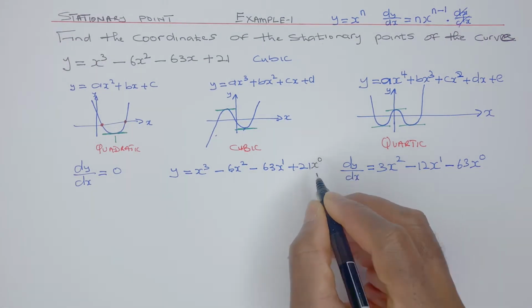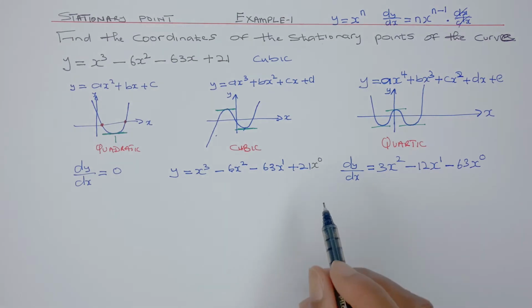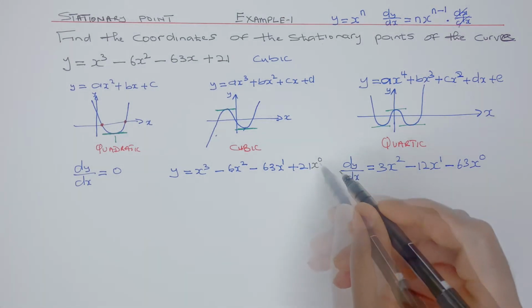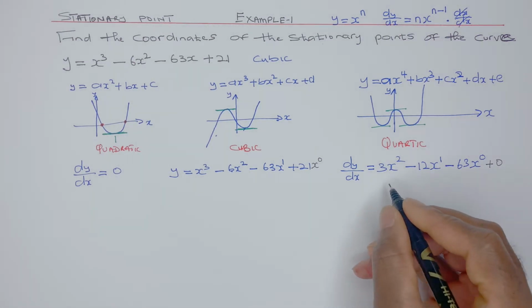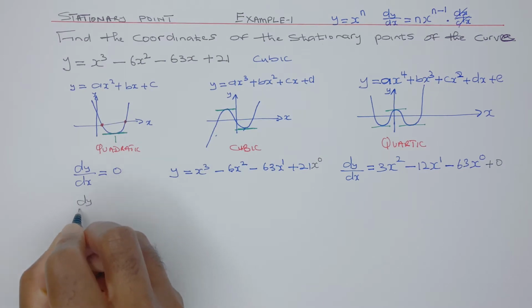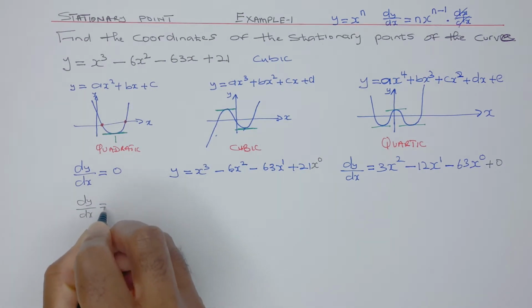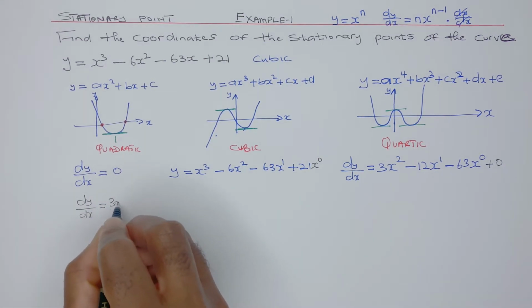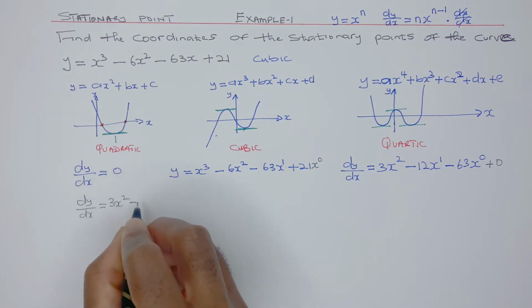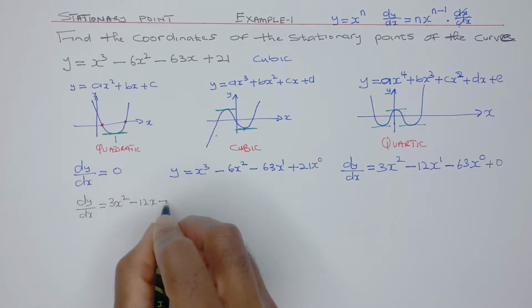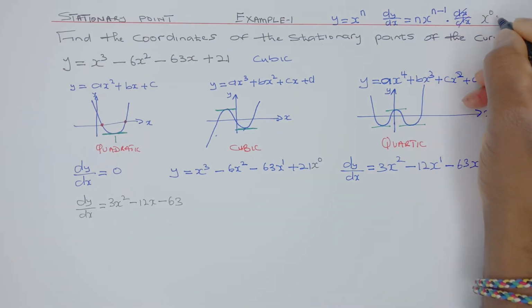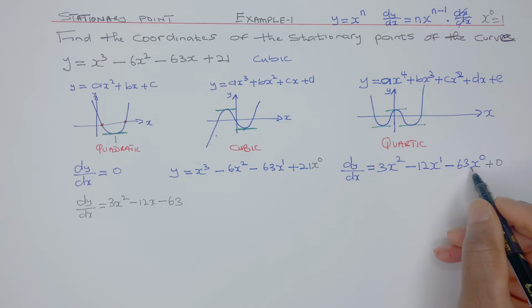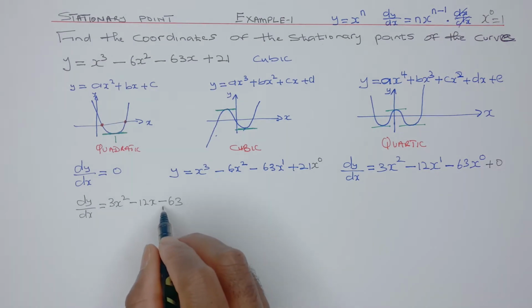It's x to the power of 0. Every constant has its own variable with a power of 0. 0 times 21 will be plus 0. So dy/dx for this function will be equal to 3x squared minus 12x minus 63, because x to the power of 0 equals 1. 1 times minus 63 is minus 63.